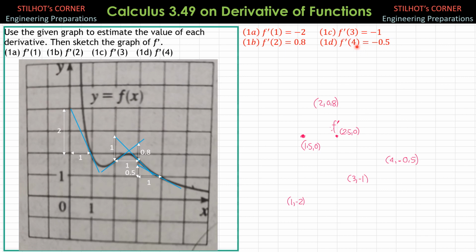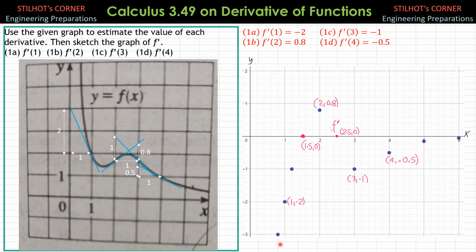So having found these estimated slopes, we then sketch the graph of f prime. So the graph of f prime would be, so since the slope of the tangent here as x approaches 0 is negative, and it is approaching negative infinity, it begins when x is just to the right of 0, the graph of f prime would be coming from negative infinity. So I'll just explain as I move on.